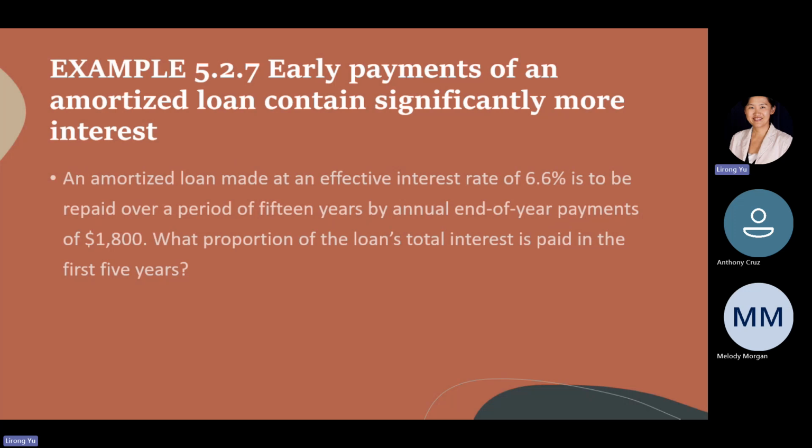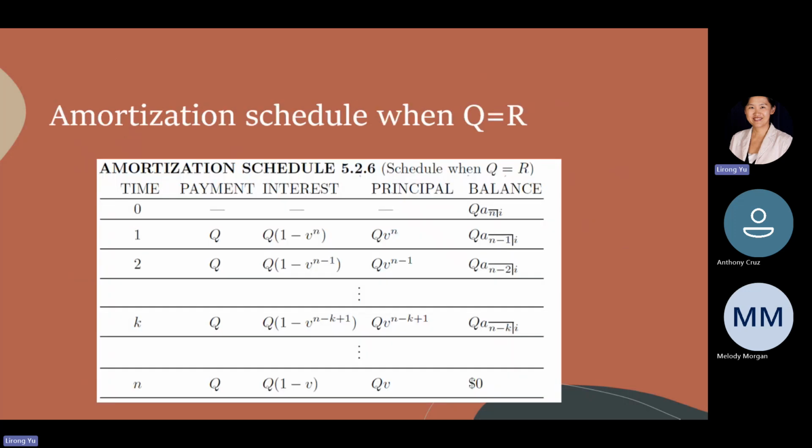So basically, it echoes what we were talking about at first. In year 1, your interest is the annual interest rate multiplied by the outstanding balance of that year. The balance at the beginning will be large, which is why we have to pay a lot of interest. So we're trying to figure out what proportion of interest is being paid in the first 5 years.